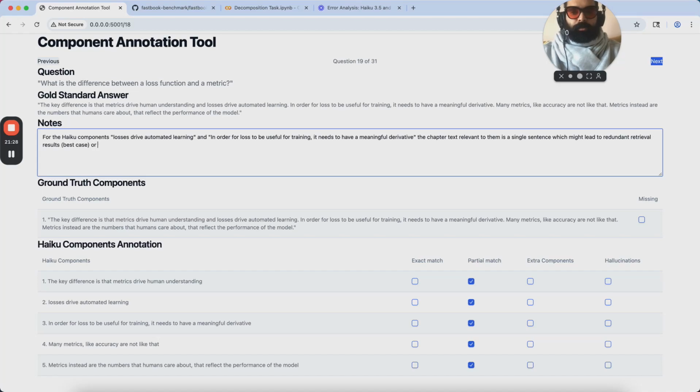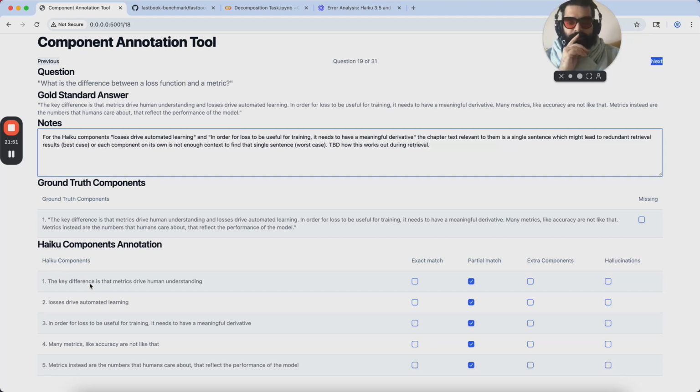That's the best case. Or each component on its own is not enough context to find that single sentence. And that's our worst case. TBD how this works out.